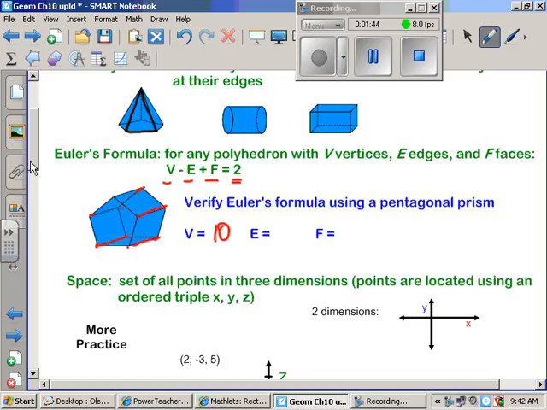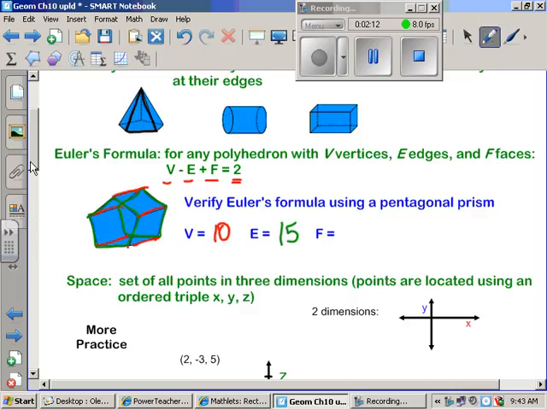So there's 5 edges, 1, 2, 3, 4, 5, and then 5 around the front and the back. So there's 5 around the sides, and then there's 1, 2, 3, 4, 5 in the front, and 1, 2, 3, 4, 5 in the back. So that's 15. So there's 15 edges.